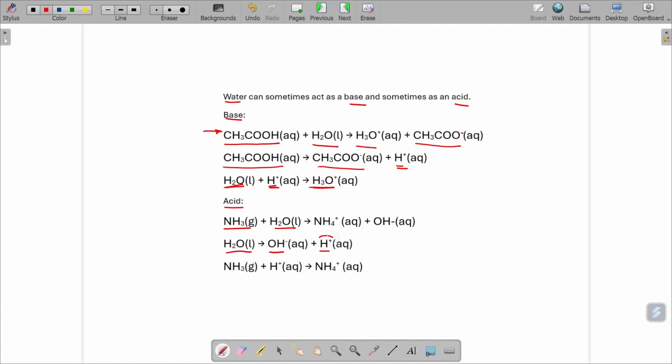And this proton will then be added to the ammonia and will form an ammonium ion. So in this case, what has happened is that the water has donated a proton. And in terms of the Bronsted-Lowry model, acids donate protons. So in this example, water is the acid.